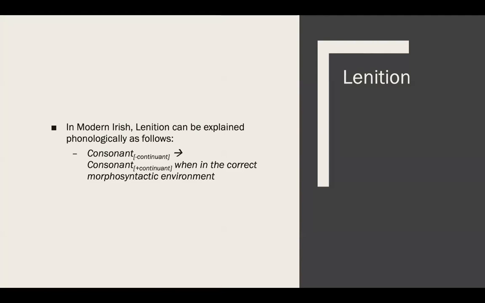In modern Irish, lenition can be explained phonologically as a change in continuancy from a minus continuant feature to a plus continuant feature. That is, a stop consonant becomes a fricative when in the correct morphosyntactic environment. Although this slide may be hard to see, here I have outlined the consonantal phonemes of Irish Gaelic and the lenited forms, and an example for each.